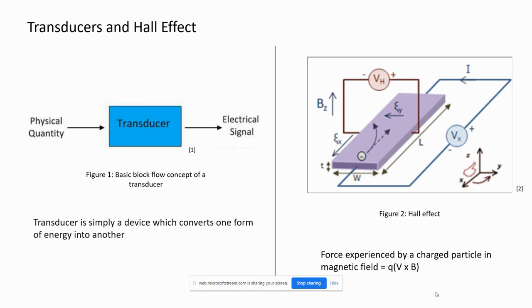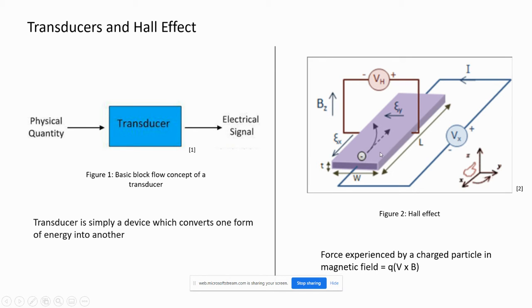What is the Hall effect? The Hall effect is a physical phenomenon found by Edwin Hall in 1879, and it is based on the force that a charge feels when it is in an external magnetic field.